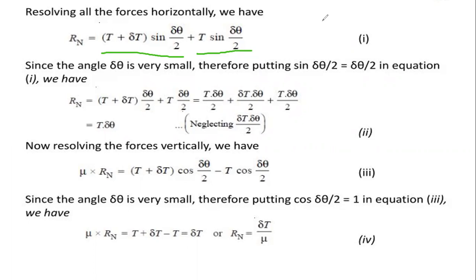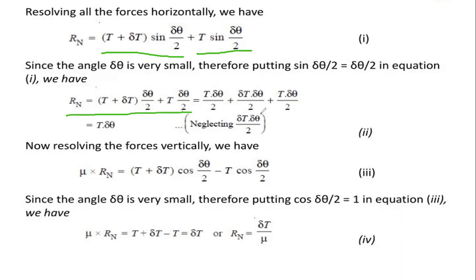Since delta theta is a very small angle, we put sin delta theta by 2 equal to delta theta by 2. Then we have the reaction Rn equal to (T plus delta T) into delta theta by 2 plus T into delta theta by 2.